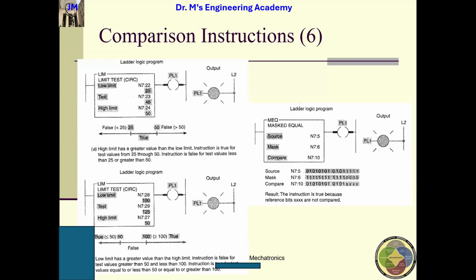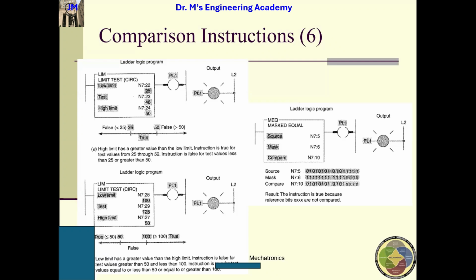Make sense? So the second case scenario is that the lower limit has a greater value than the higher limit. Why do we have this one? Because when we retrieve the data from the content, we do not know which one is high, which one is low. As I said, lower limit.